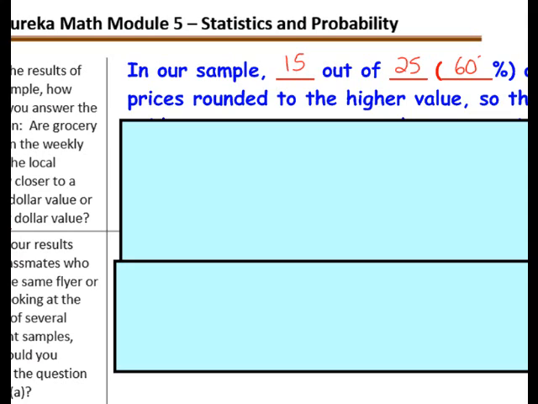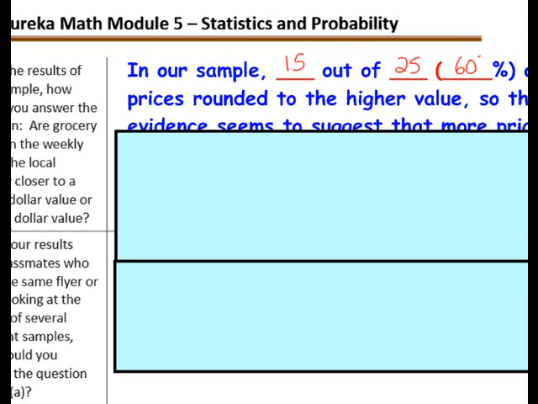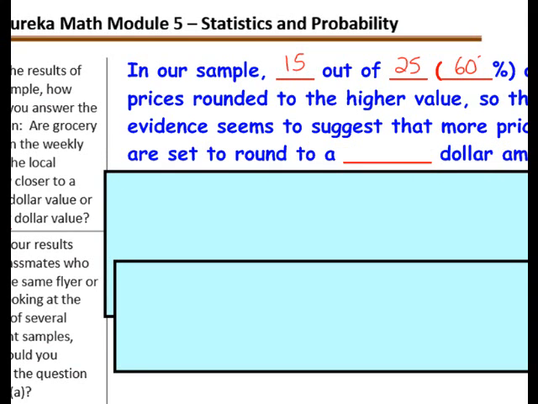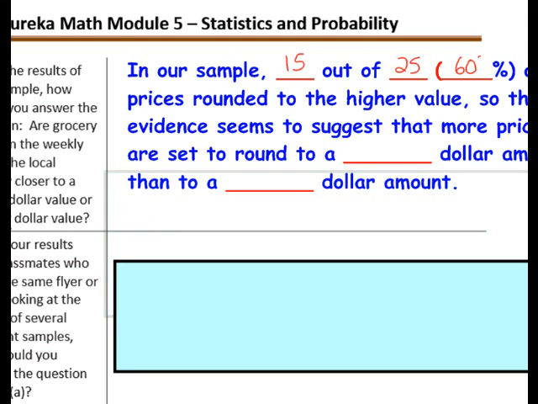They were rounded to the higher value. Now, that's more than half were rounded to the higher value. So evidence seems to suggest that more than half of prices are set to round to a higher amount than to a lower amount. Pause the video and copy that down.